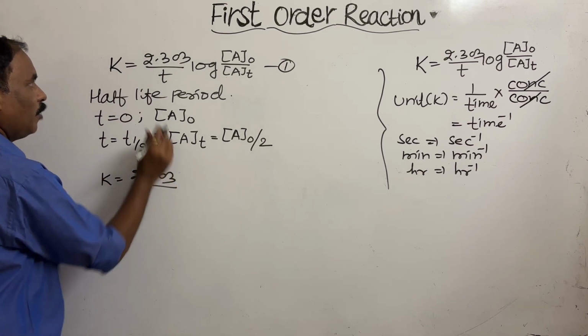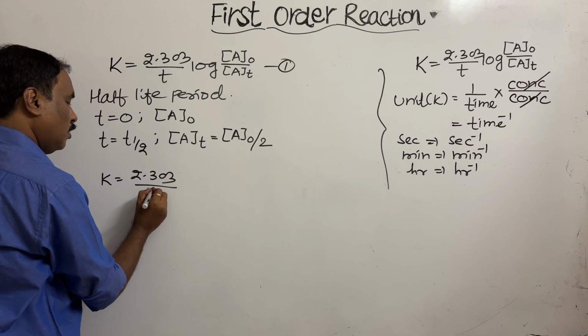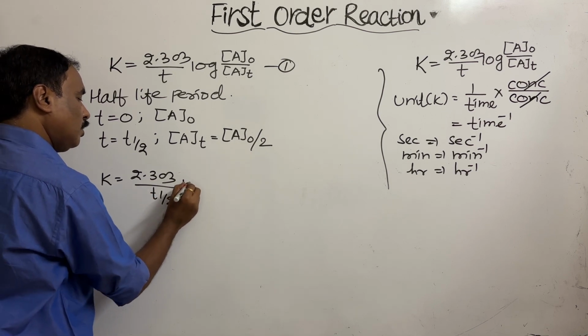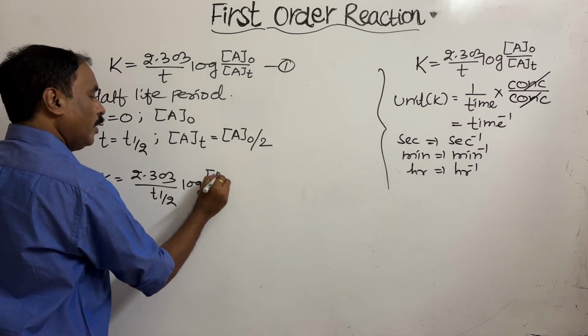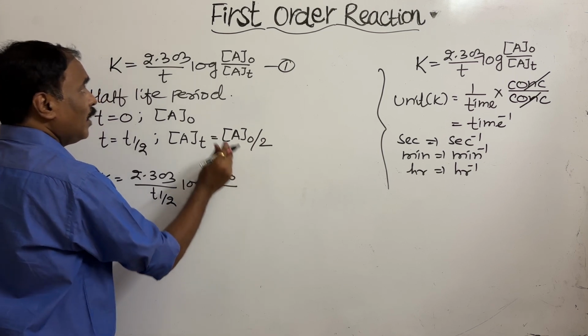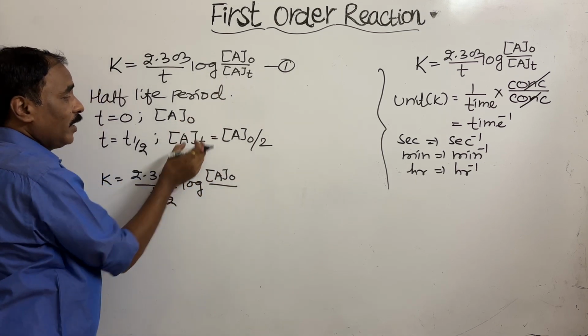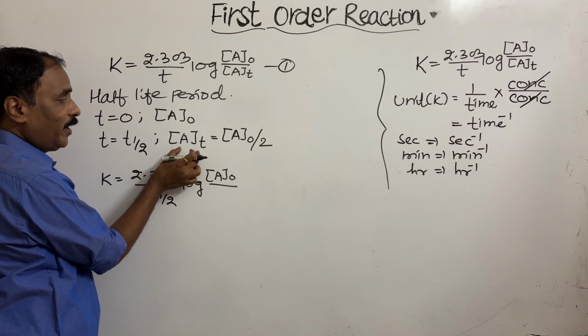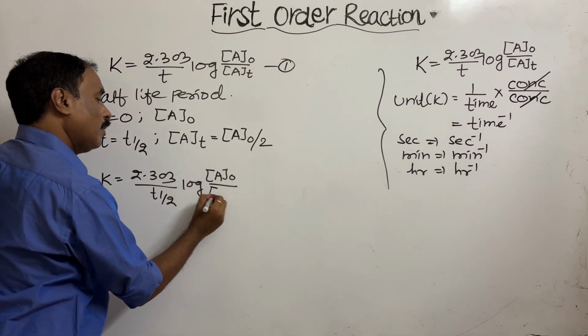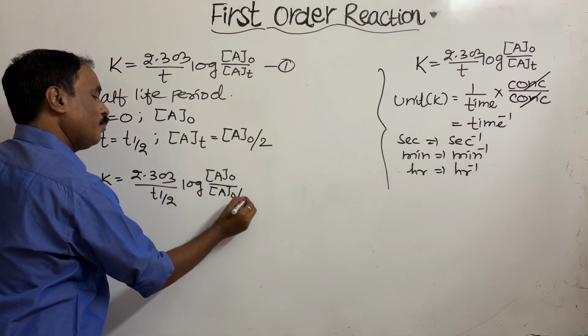So K is equal to 2.303 upon, अभी यहां पर T क्या होगा? T half, log of initial concentration A0, लेकिन after half life AT का concentration यानी concentration of reacting molecule क्या होगा? A0 by 2.